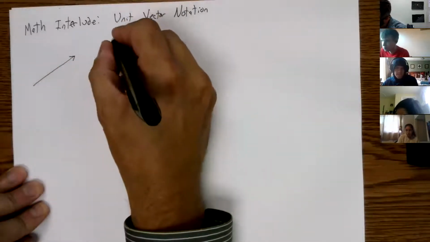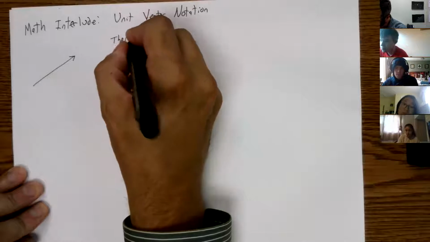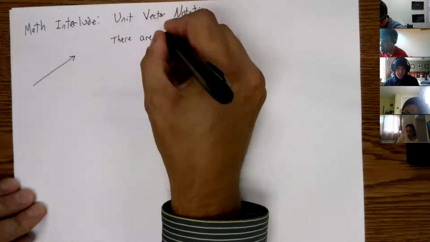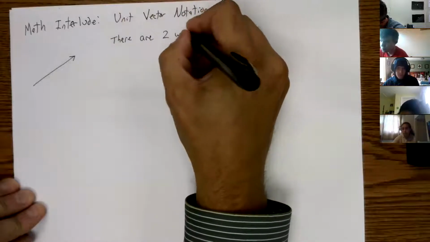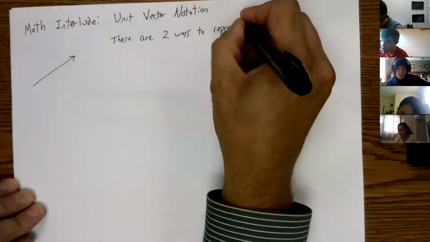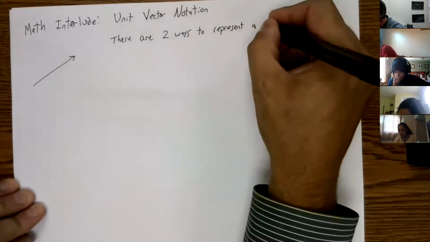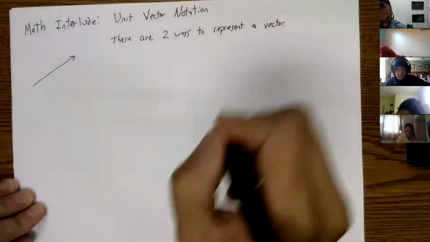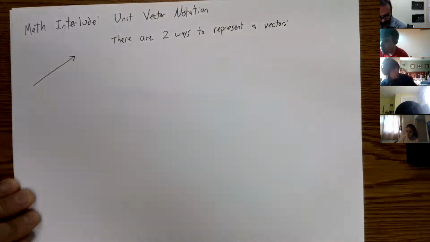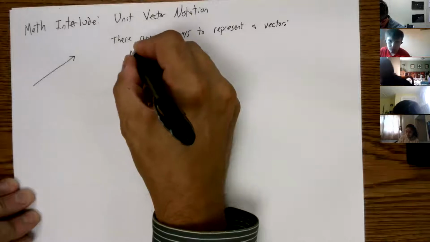There are two ways to represent a vector, or two good ways. The first way is with magnitude and direction.